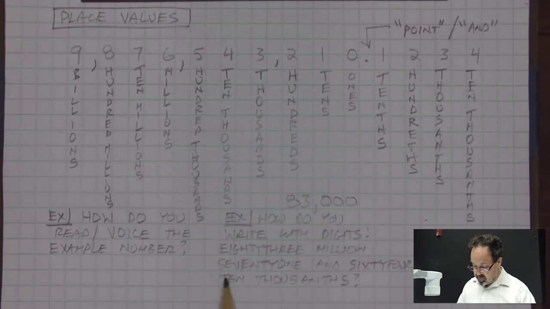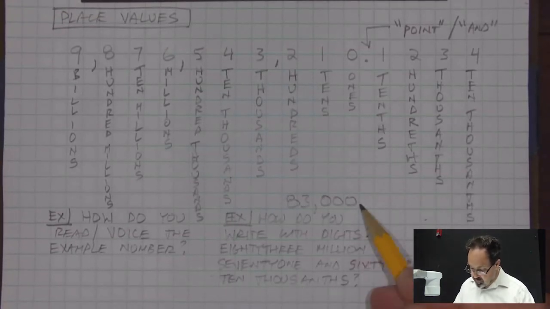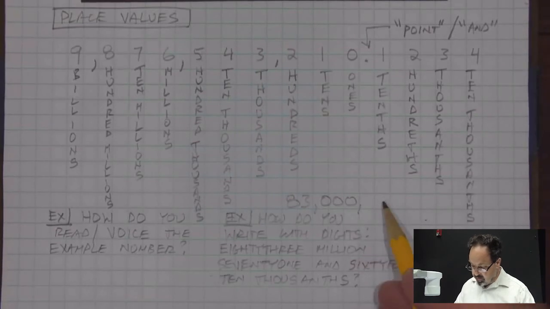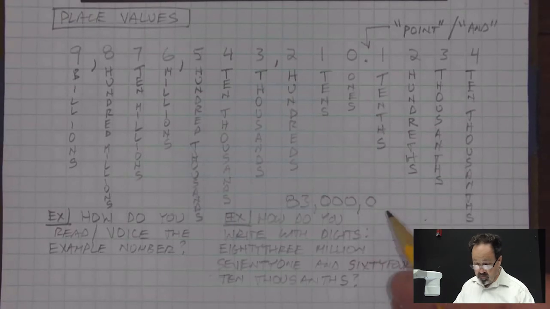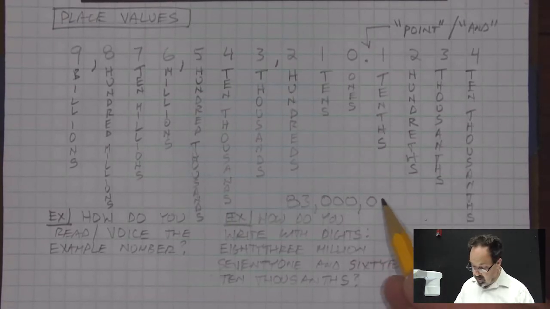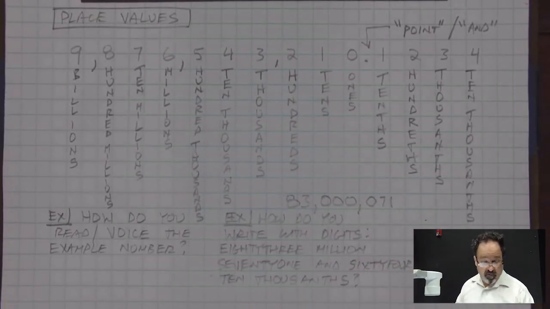And I'm looking for this next part, 71. So I'm going to use a comma and keep going. I haven't reached the decimal place yet. I have no hundreds. There's nothing in the hundreds place in this number. I just get to the 71. So here I've been careful to include digits in places that the number as written didn't represent.